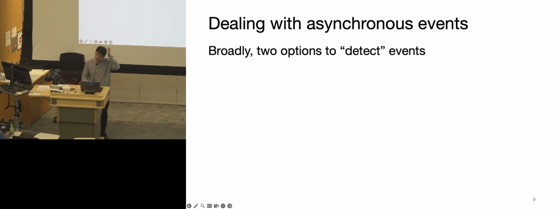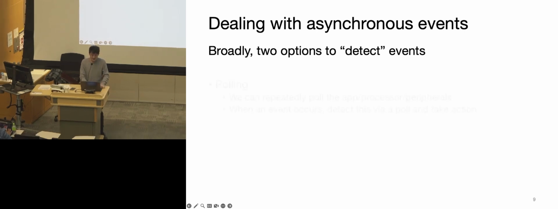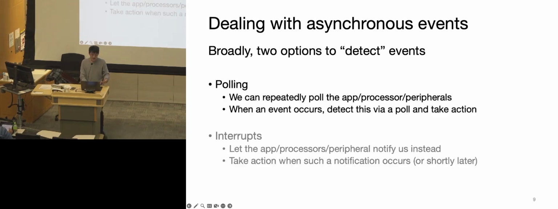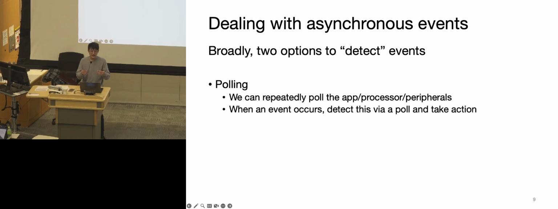Well, there are broadly 2 ways to detect the event to start with. First is called polling. Basically, we repeatedly poll in every loop and check whether anything is happening on that particular peripheral or hardware.